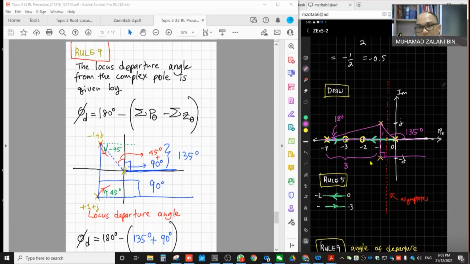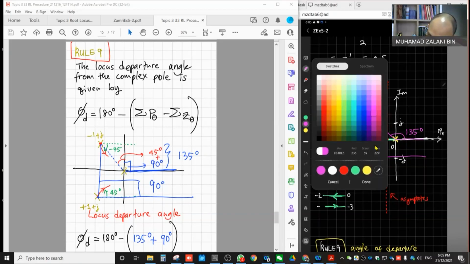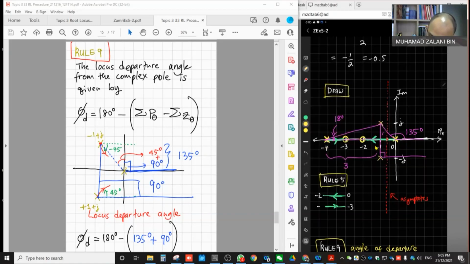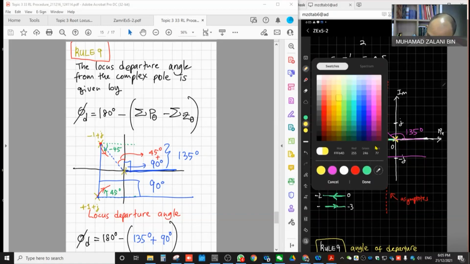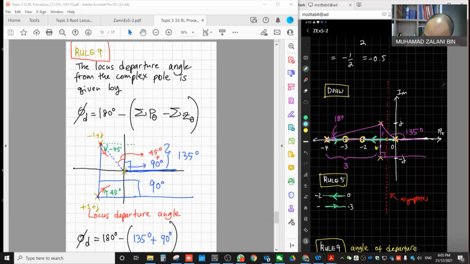So to find the angle of the zeros, I'm going to use another color for that. I don't have many more colors. Let's pick another one. Let's say that one. Start again from this pole.